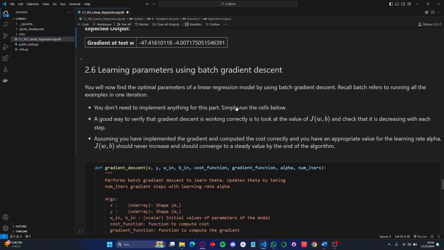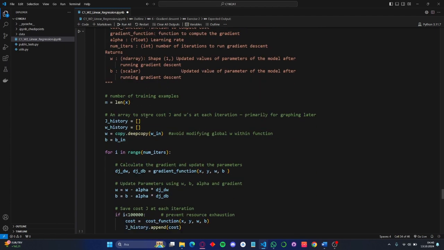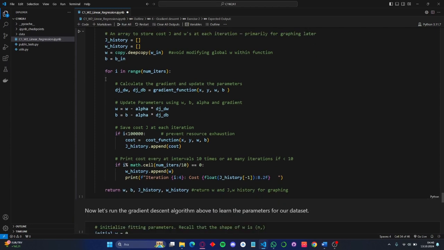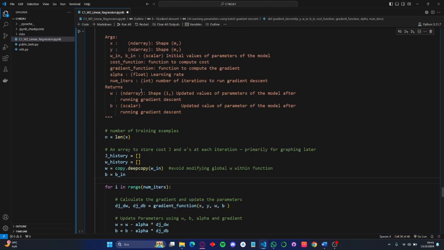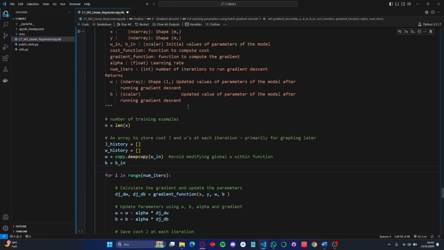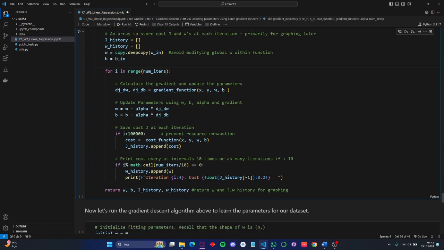And now learning parameters using batch gradient descent. Here we choose after how many iterations we compute the cost function, and we will take this list. According to gradient descent, our cost should decrease.